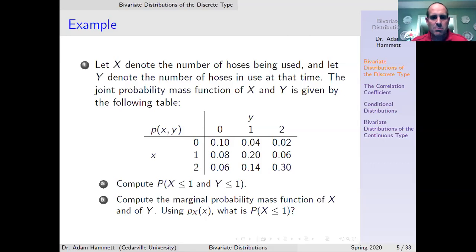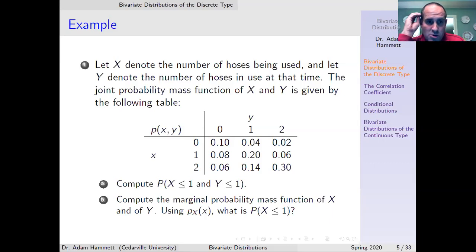Let X denote the number of hoses being used, and let Y denote the number of hoses in use at that time. The setup of the problem is just sort of silly, so you don't need to worry too much about that.